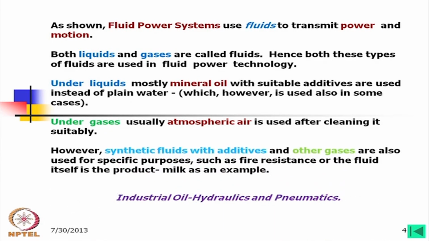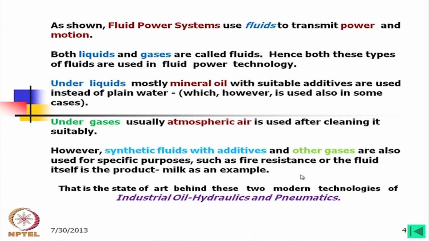However, synthetic fluids with additives and other gases are also used for specific purposes, such as fire resistance, or the fluid itself is the product, milk as an example. That is the state of the art behind these two modern technologies of industrial oil hydraulics and pneumatics.